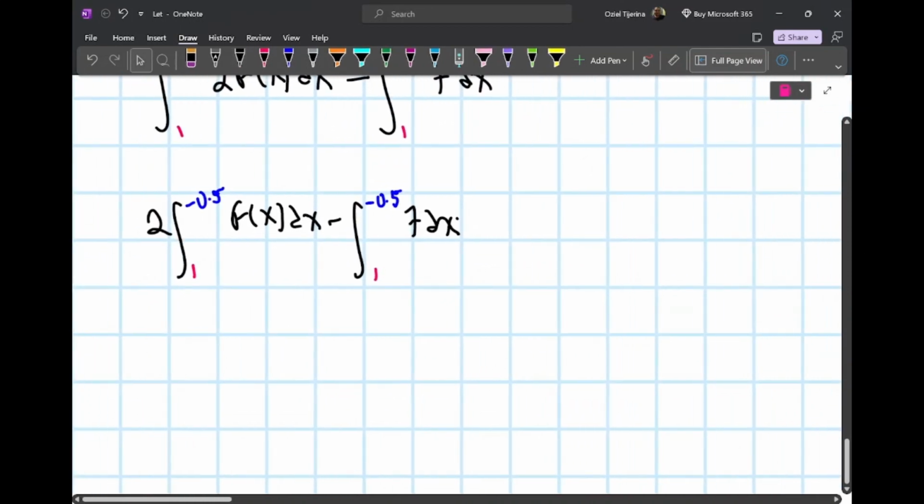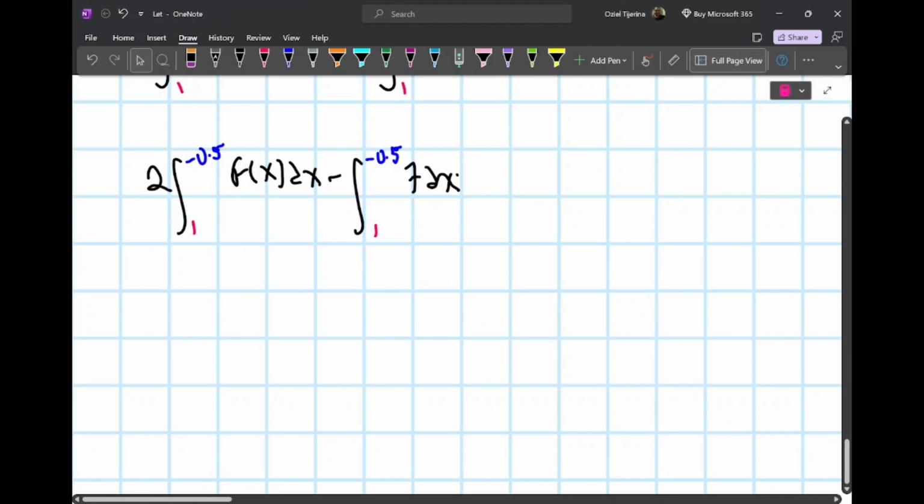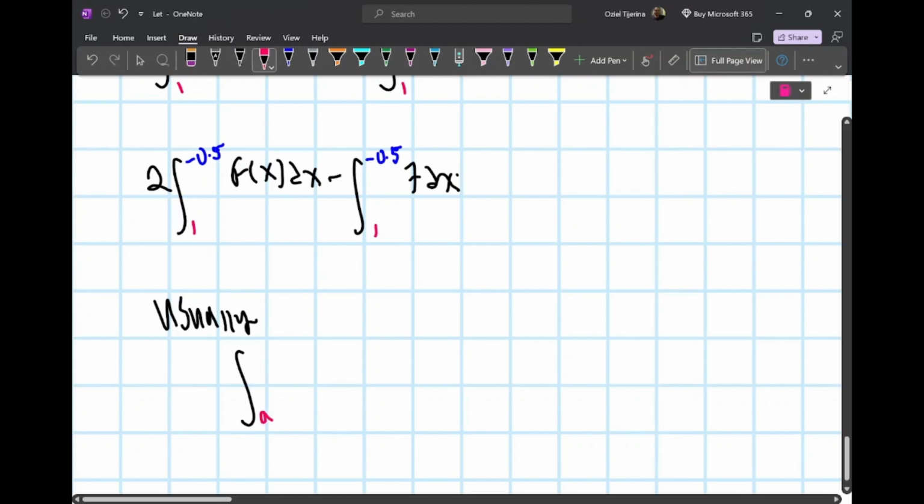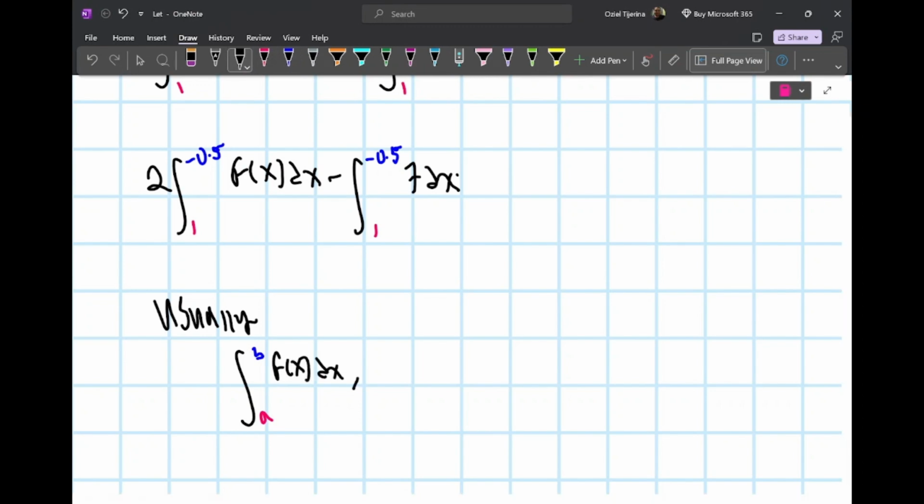Now, here, we're going to go ahead and use the following rule. This is where we have to really understand how this works, because usually we go from smallest to biggest. So usually, when we're given the integral from a to b of f of x dx, a is less than b.